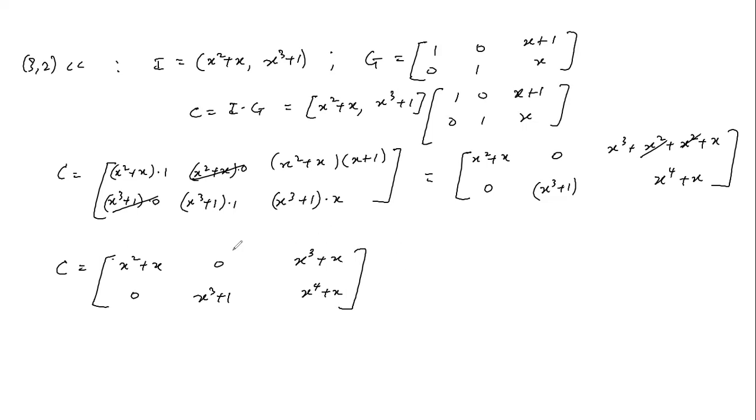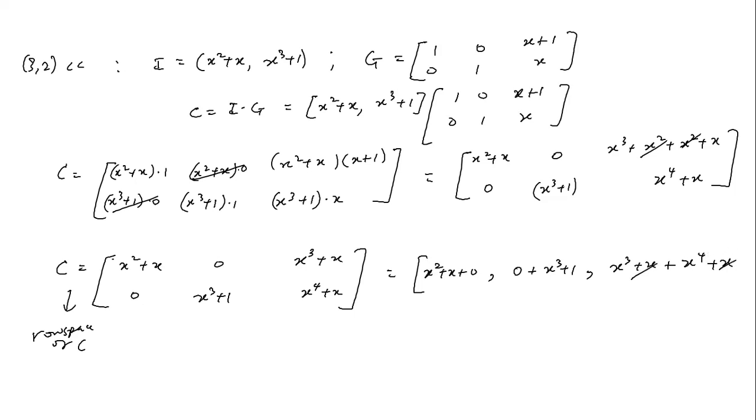Now, the code word is a row space of C, such that this is now equal to x squared plus x plus 0, comma, 0 plus x cubed plus 1, comma, x cubed plus x to the power 4 plus x.